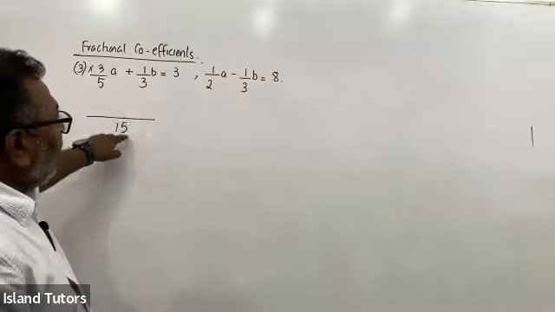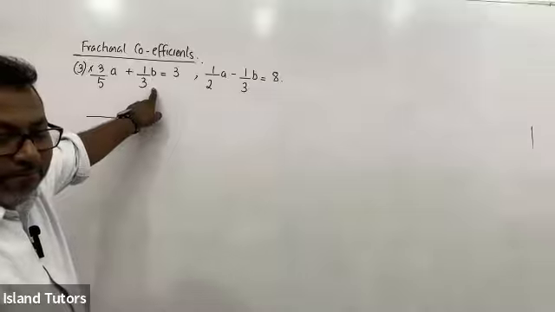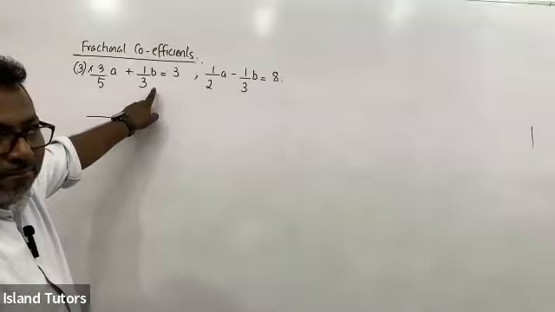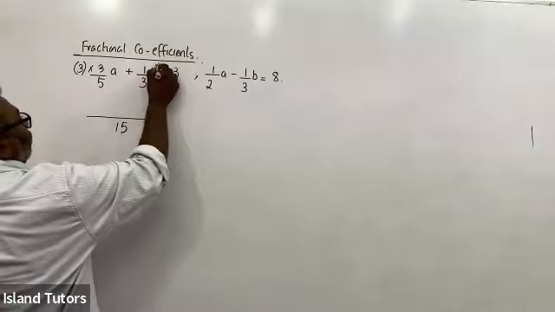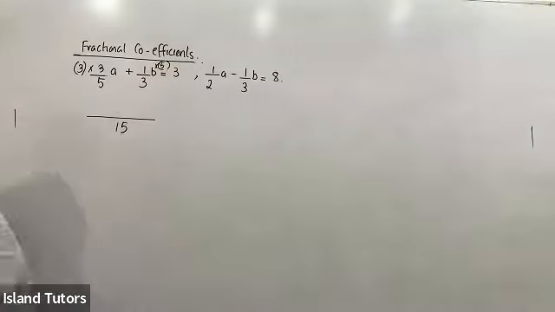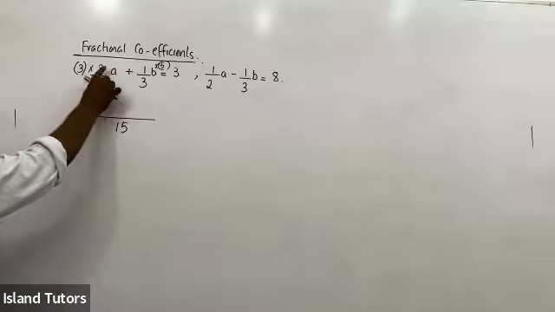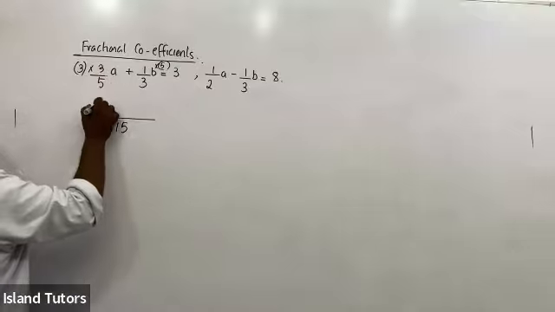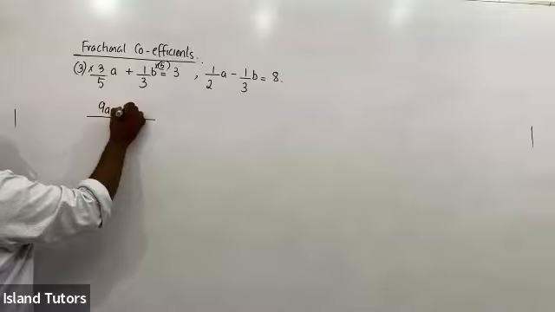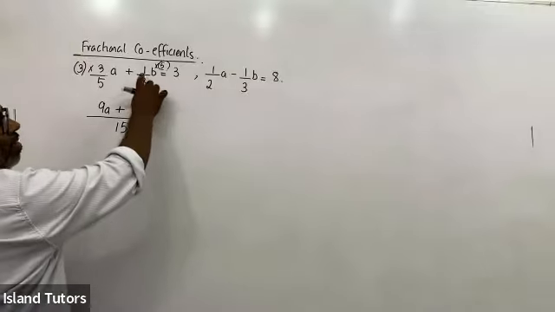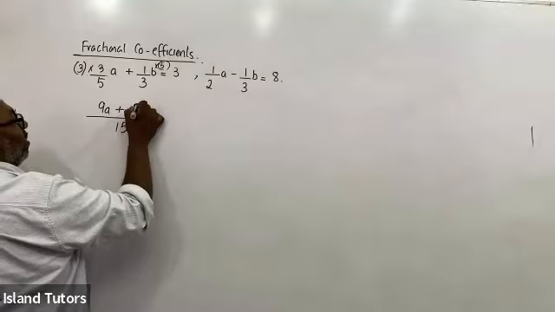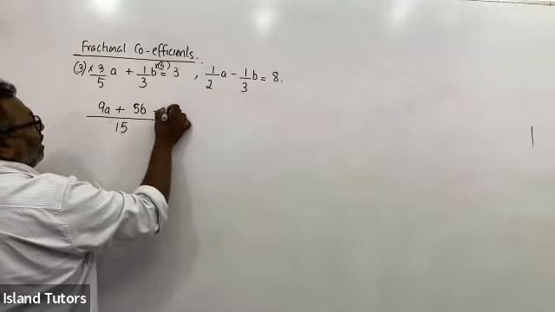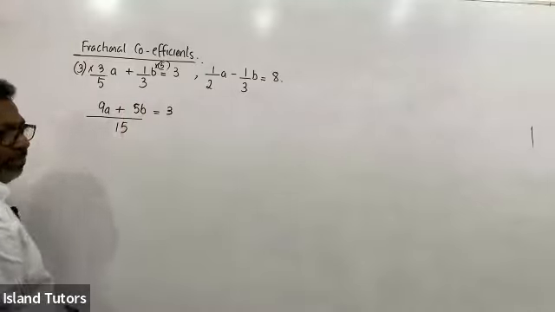So you need to multiply by how much? 5. Good. You multiply by 5. So 3 multiplied by 3a, you're going to get 9a. This side, 1b multiplied by 5, you get 5b is equal to 3.